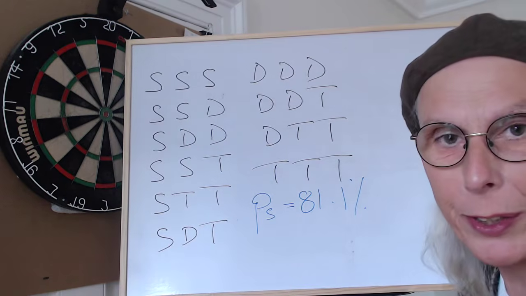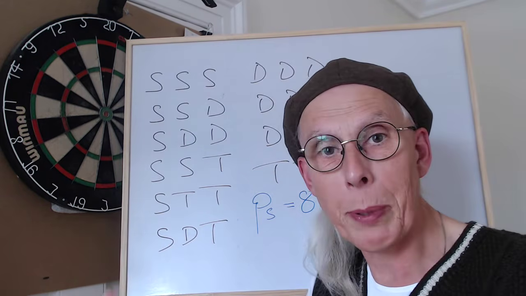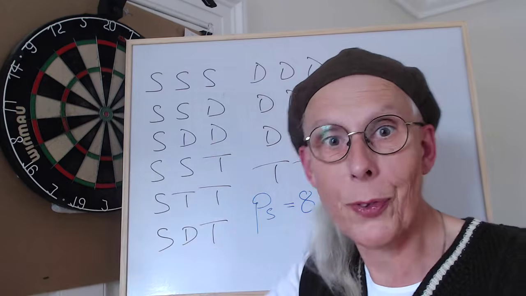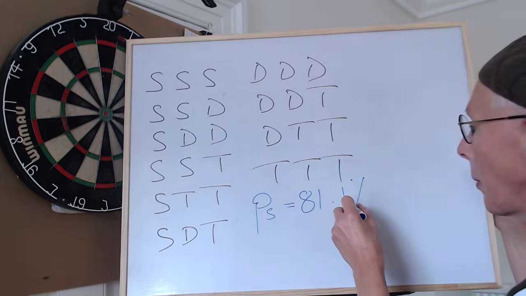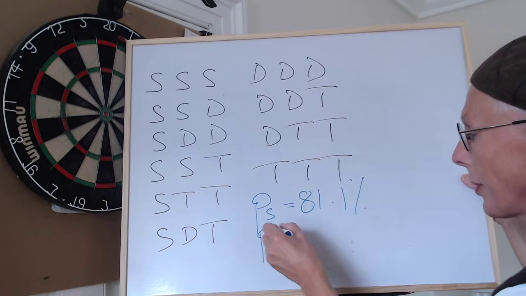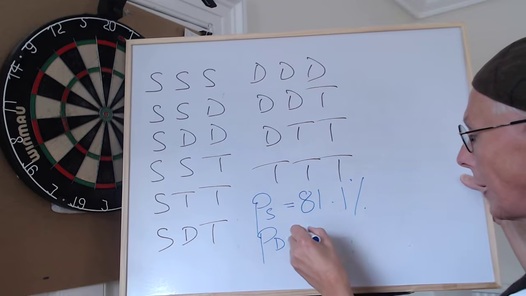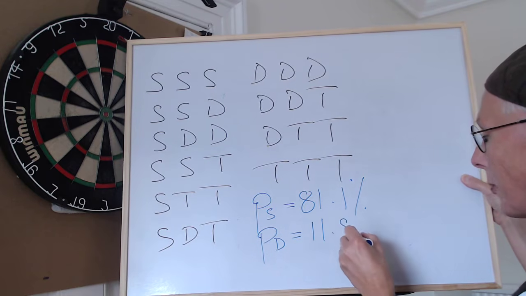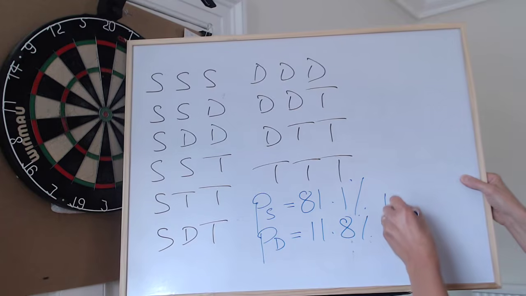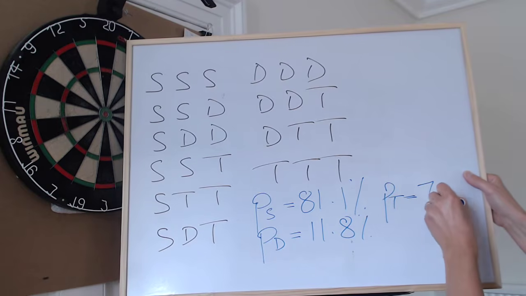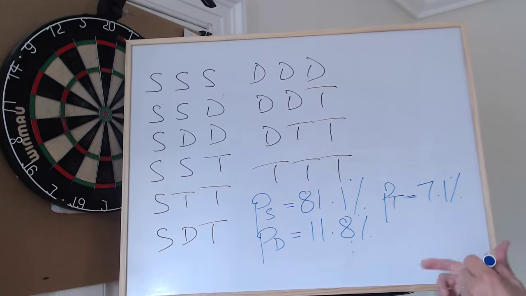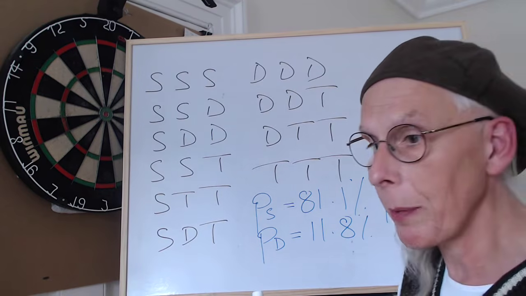Sorry, I was freezing up then because I was thinking about the big single, but this is the big single plus the small single. 81.1%. The probability of a double is 11.8%, and the probability of a treble is 7.1%. So those are all the things that we worked out from the geometry of the dartboard.